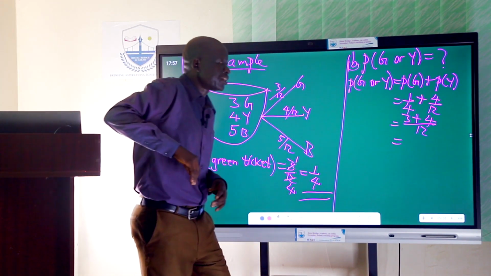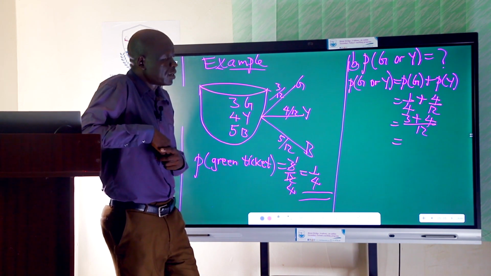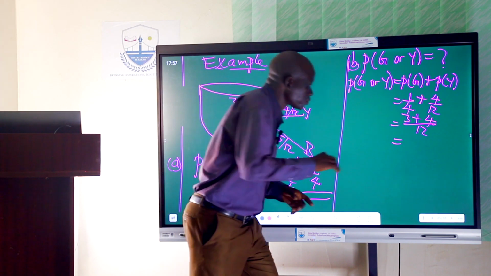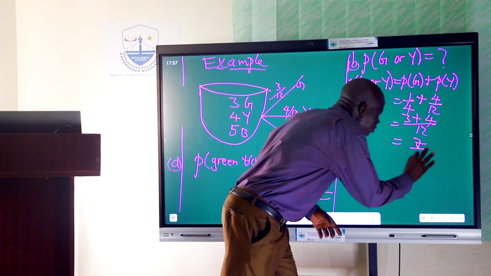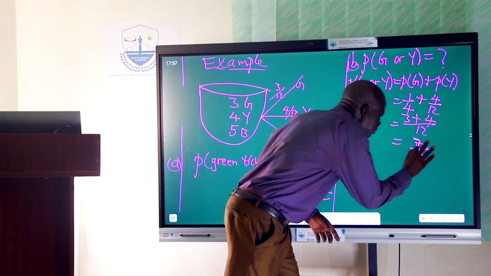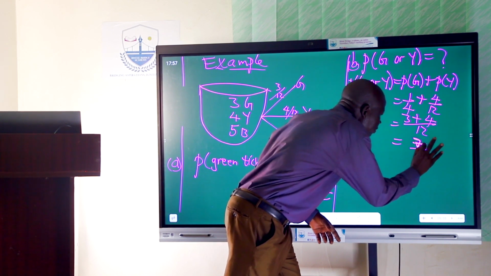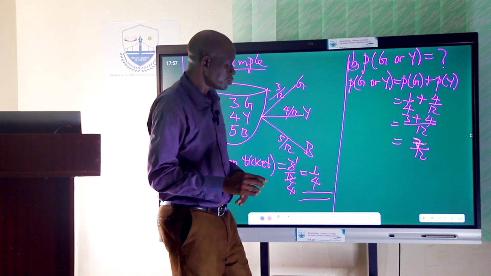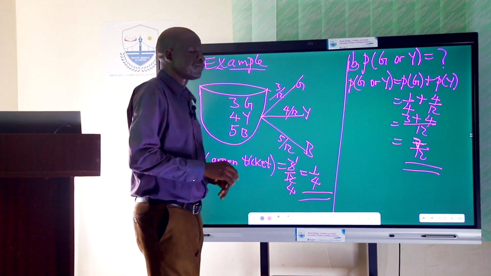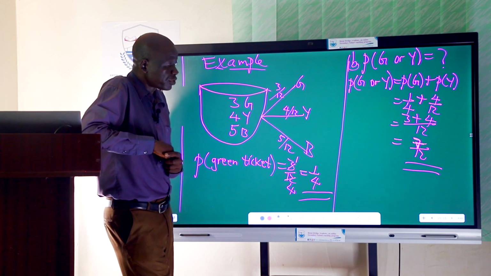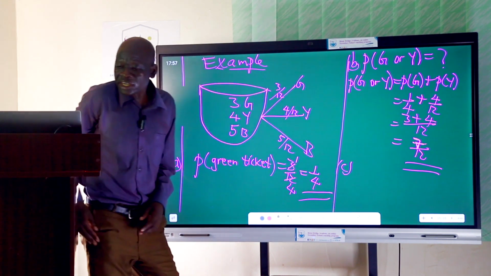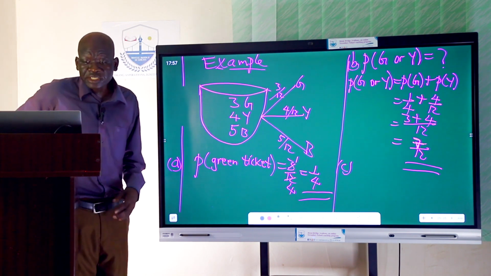So here we get 3 plus 4, we get 7 over 12. So the probability of getting a green or yellow ticket is 7/12. We cannot reduce that.